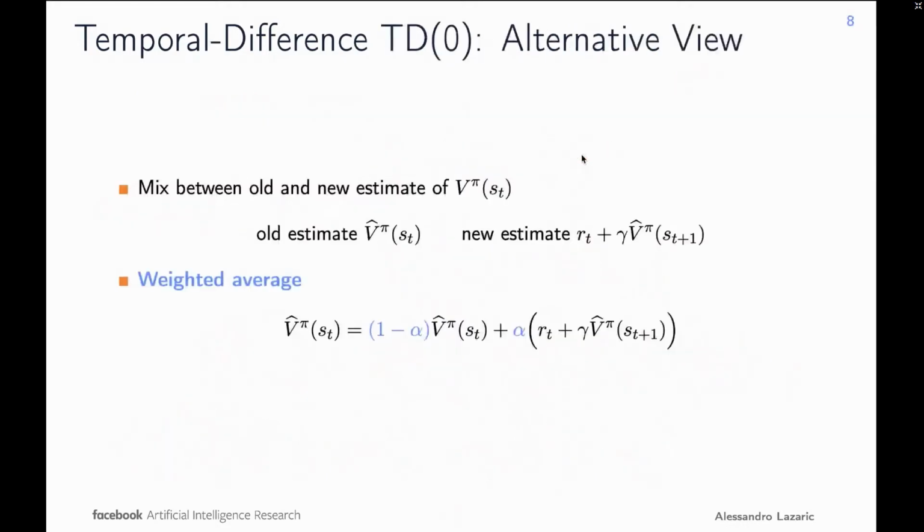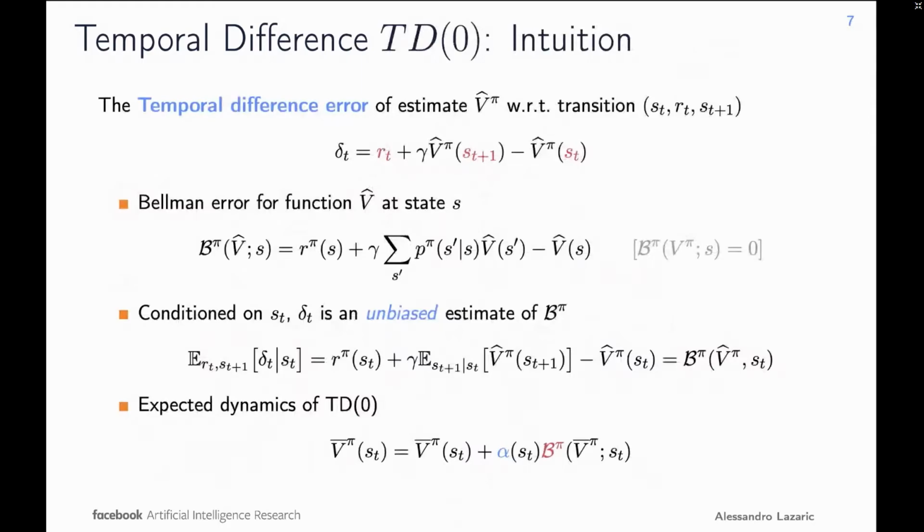So in terms of the content of the slide, basically we can say that the error of the function v in terms of Bellman error, so how much it does not respect the Bellman equation, can be measured this way. So this is by how much the function is not the true value function, so much so that if I had the true value function, this would be equal to 0 by the Bellman equations.